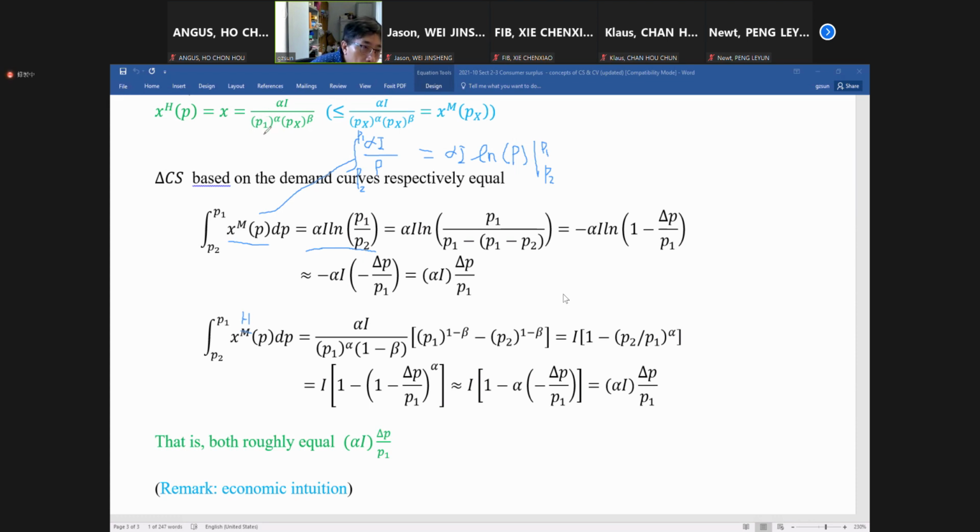And now this one, alpha I and P1 to the power of alpha, this part is only a constant number. What matters for the integral calculus is only this part. This is Px to the power of minus beta.